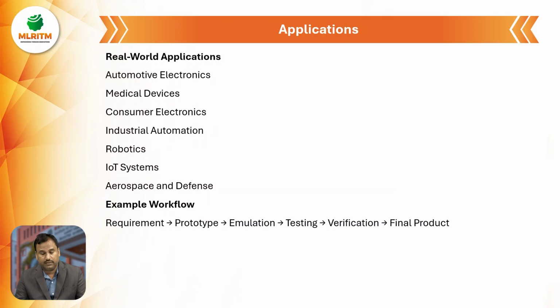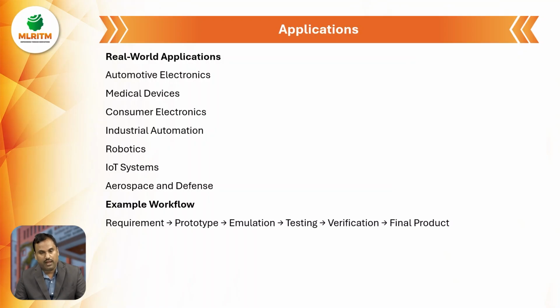Recently, we have seen the dishwasher, that is also automotive electronics, and consumer electronics and industrial automation. Here, the work burden of a human being will be reduced with the help of industrial automation. Nowadays, robotics plays a very important role in industrial applications, and robotics and IoT systems.